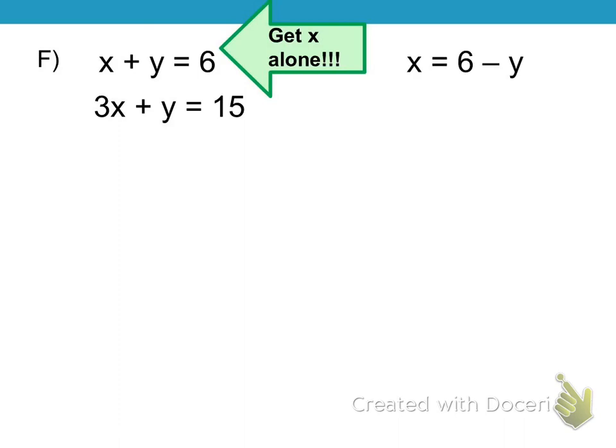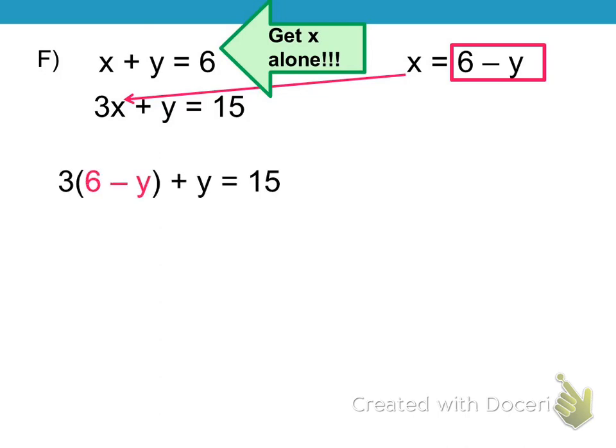So x equals 6 minus y. Then what? Put it into the other equation for the x. So 3 times 6 minus y plus y equals 15. When you distribute the 3, you get 18 minus 3y plus y equals 15.